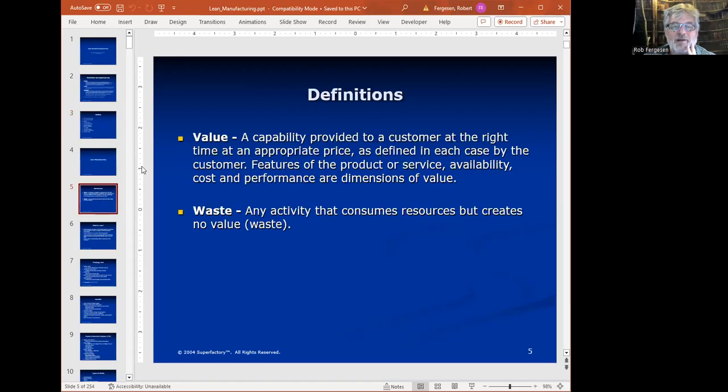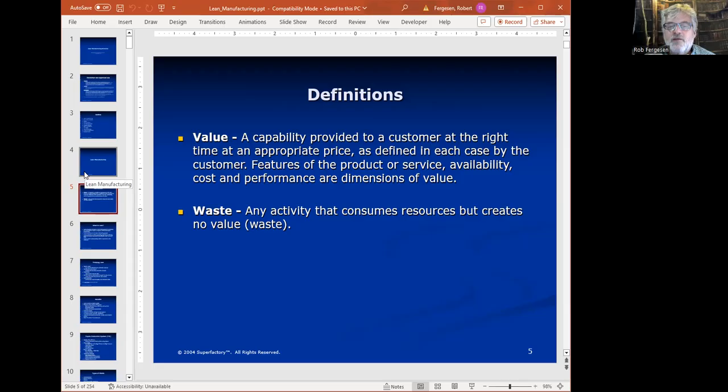So let's get into lean manufacturing. What is it? Value in lean manufacturing is the primary driver. It doesn't necessarily mean the dollars input into a product. In fact, sometimes it's the opposite of that. What it means is the value that that product has to a customer, either the next customer down in the manufacturing line, which may be the next manufacturing work cell, or it could be the end customer.